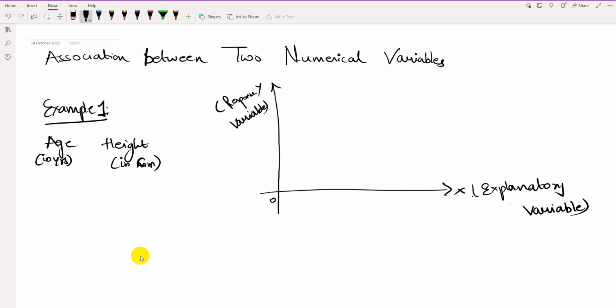For which group are we going to calculate? Age 1, 2, 3, 4 and 5. What is the height? 75 centimeters, 85 centimeters, 94 centimeters, 101 centimeters and 108 centimeters.